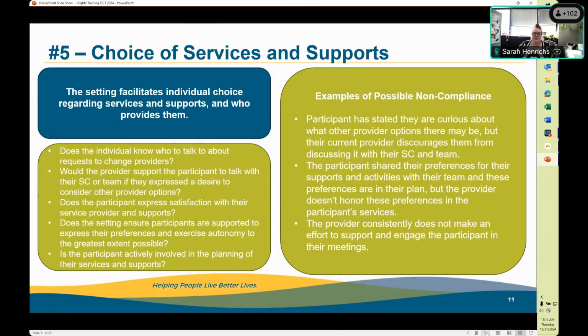Next, choice of services and supports. Angela asks, for psychotropic medications and drinking, if a script is provided by the PCP or psychiatrist limiting alcohol intake. Yes, it would still be restrictive, because we all have the choice to follow or not follow our doctor's recommendations, and our participants have that same right.